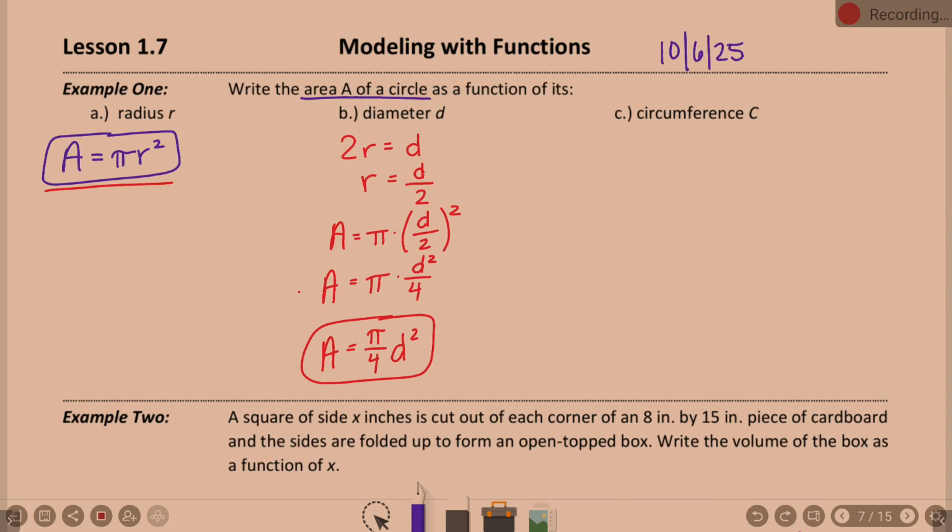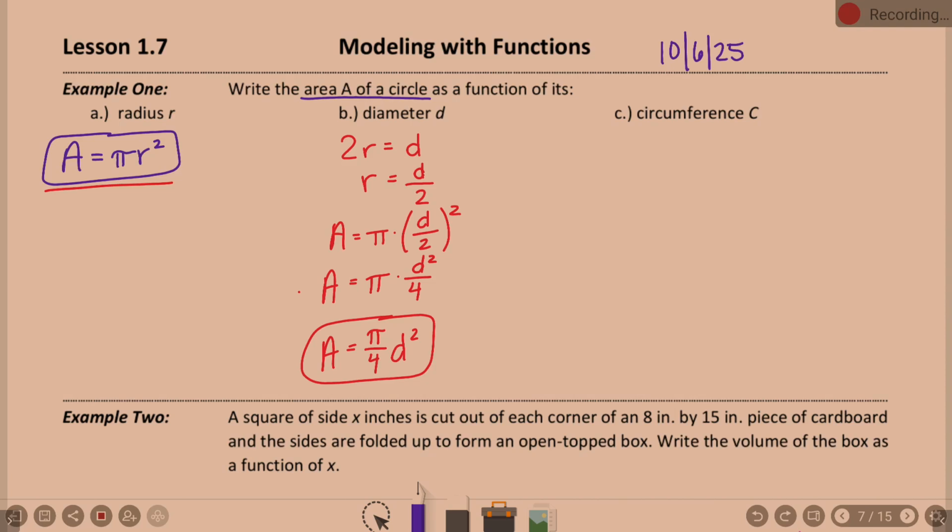Not the circumference formula, no. Isn't it like it has pi in there somewhere? Of course it has pi in it. It's a circle. Oh, 2 pi r? Yes. And what's the other one that's equivalent to 2 pi r? Pi d?